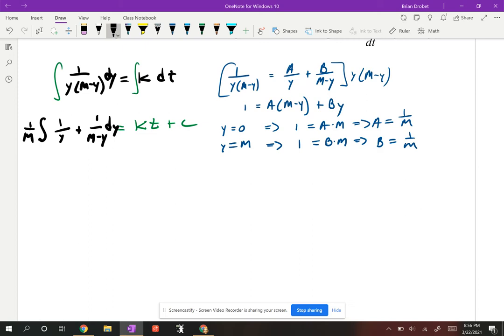So left-hand side now, I'm going to have the following: 1 over m, the antiderivative of 1 over y is ln absolute value y. And the antiderivative of 1 over m minus y is minus ln absolute value m minus y. And the minus here is coming from the fact that the derivative of the inside is -1. So if you take the derivative of this, you end up multiplying by -1, which cancels that out. And then I've got my kt plus c on the right-hand side.